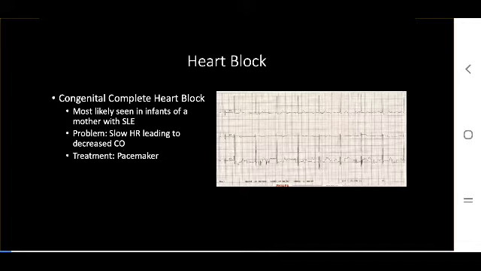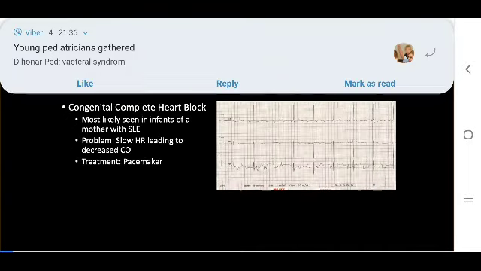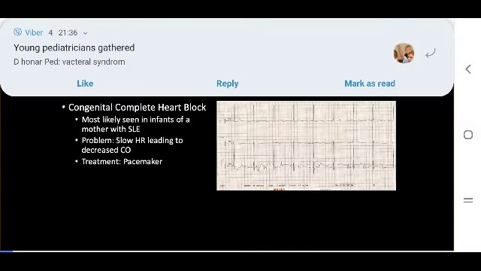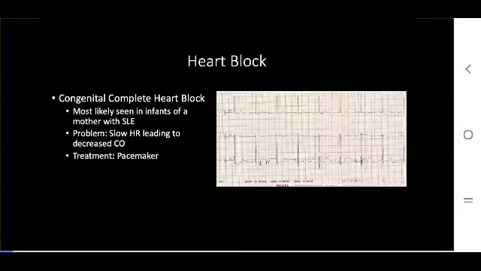And most likely, this is seen in infants, as I said, with mothers with lupus. The problem is the slow heart rate leads to decreased cardiac output. And the only treatment for this, really, because we don't have a lot of other good options except maybe putting them on a long-term beta agonist, is a pacemaker.